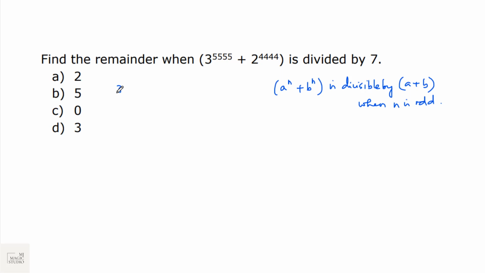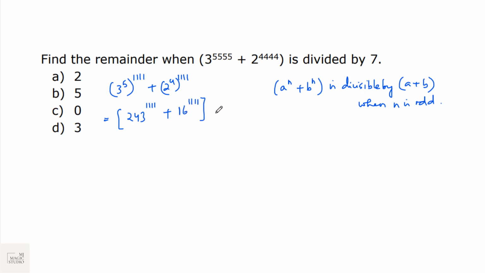I can write this as (3 to the power 5) whole to the power 1111 plus (2 to the power 4) whole to the power 1111. That means 3 to the power 5 is 243, to the power 1111, plus 2 to the power 4, which is 16, to the power 1111.